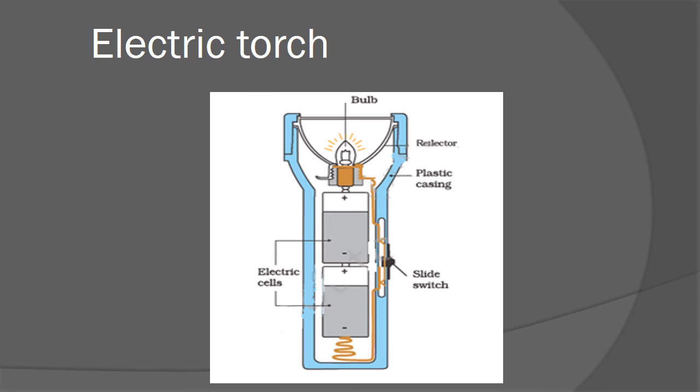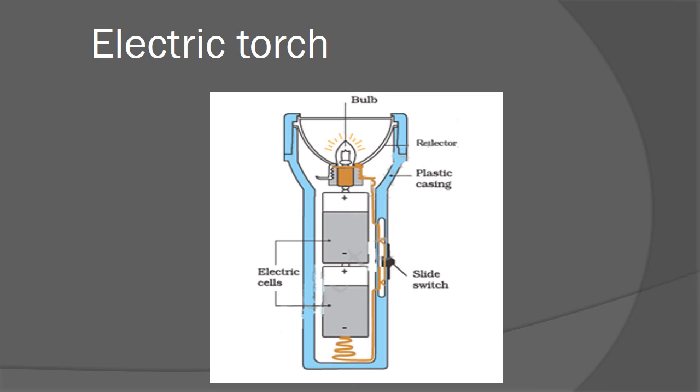An electric torch is an artificial source of light. Inside the torch, the electric cells are connected in series. That is, the positive terminal of one cell is connected to the negative terminal of the other cell. The outer case of the torch is made up of plastic to provide insulation. The slider in the torch acts as a switch, that is, it makes or breaks the circuit.